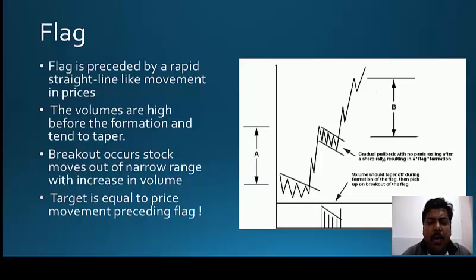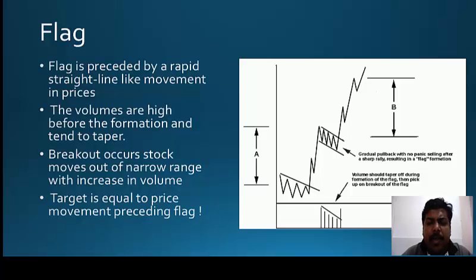The breakout occurs when the stock moves out of this narrow flag like area with increased volume support. Whenever the breakout happens, typically the stock tends to move as much as it has done in the move preceding the stock.